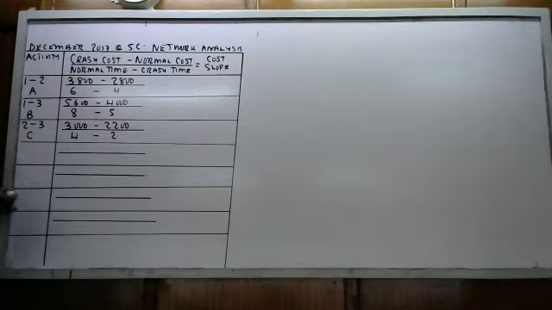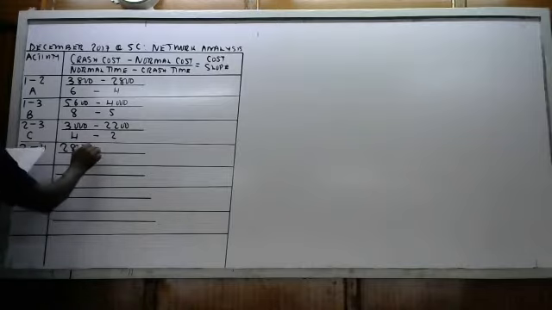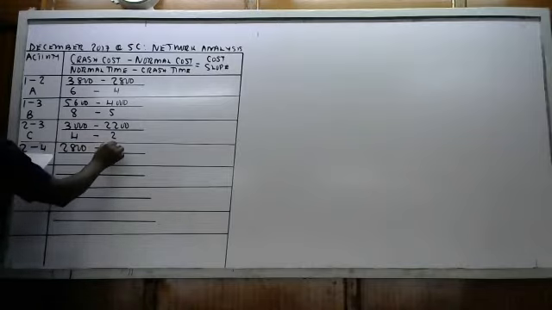2 to 4 is a dummy, so we go to 3 to 4, oh sorry, not 3 to 4. That is 2 to 4. 2 to 4 equal to 2,800 minus 1,600.